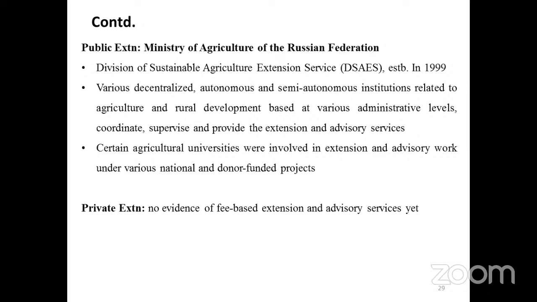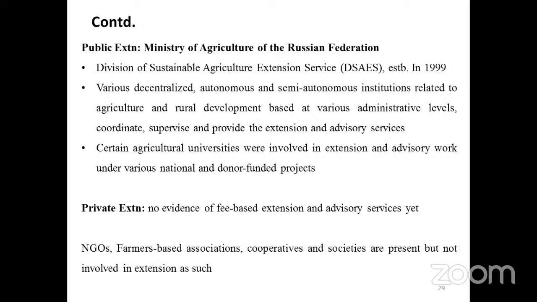Now their public extension is mainly looked after by the Ministry of Agriculture of the Russian Federation. They have this division of sustainable agriculture extension service to look after it. They don't have a well-established private extension or advisory service at all. And they have small NGOs and farm-based associations or cooperatives working there, but they are not involved in extension as such.